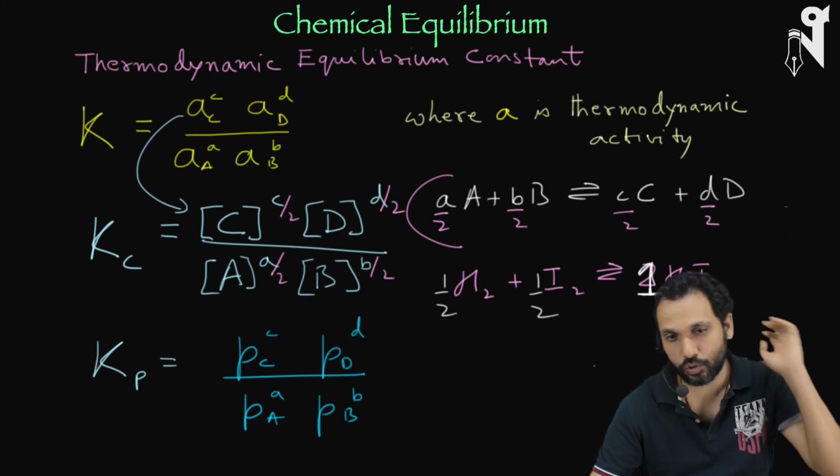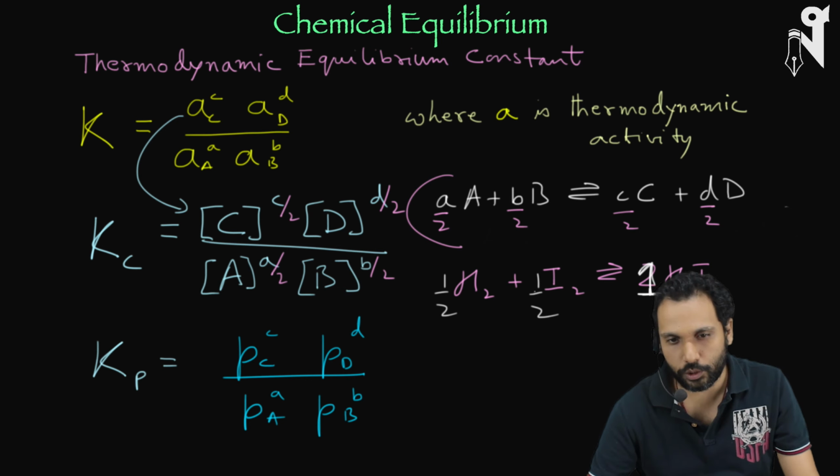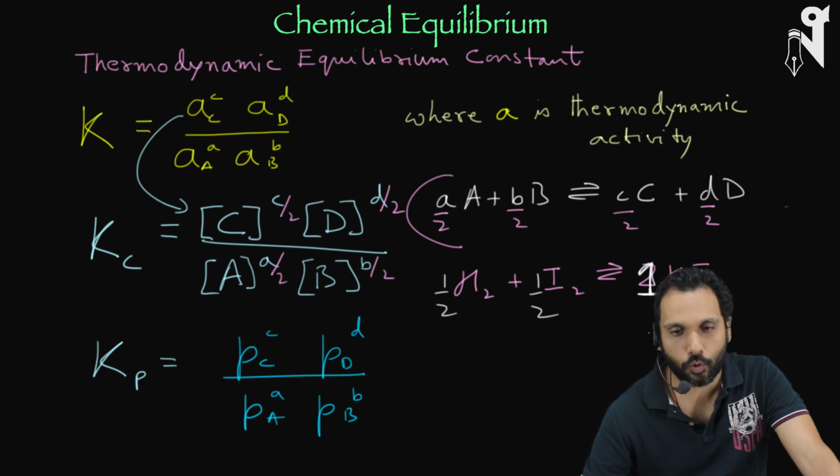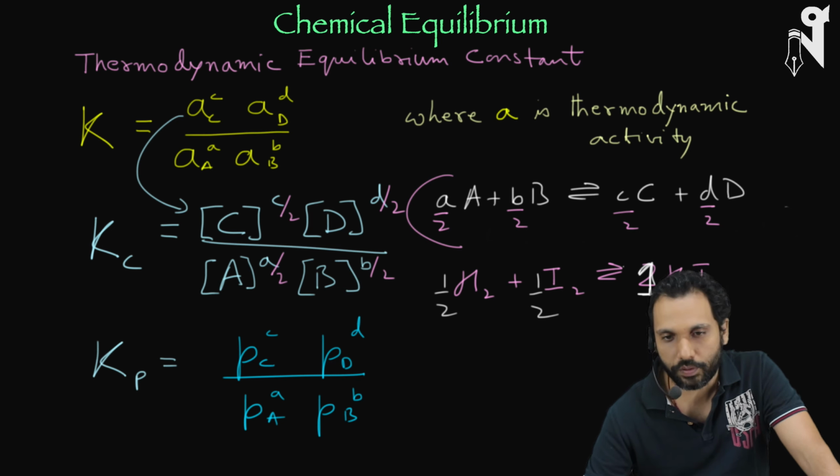So the K values for the first one I showed and this one would be two different values. It won't make a difference in solving the numericals we are going to solve.